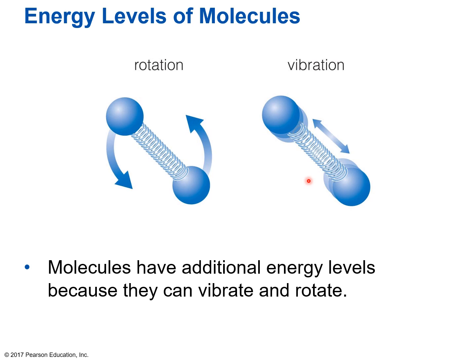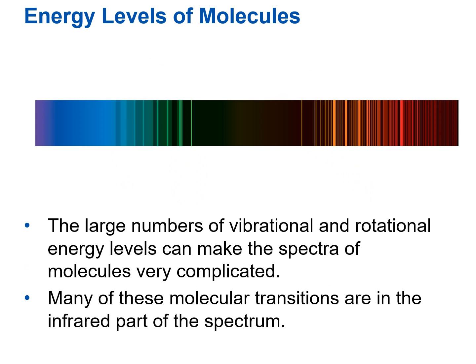They vibrate and they rotate. So we can use spectroscopy to see that there are molecules in a cloud or on the surface of a star. The large numbers of vibrational and rotational energy levels can make the spectra of molecules very complicated. Many of these molecular transitions are in the infrared part of the spectrum.